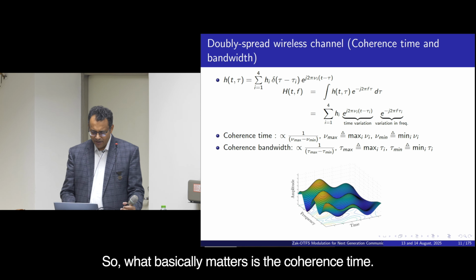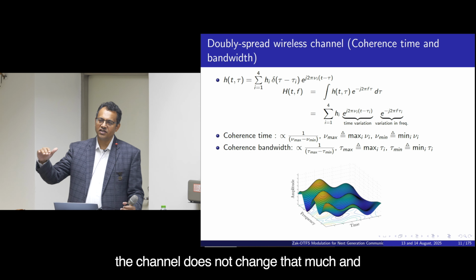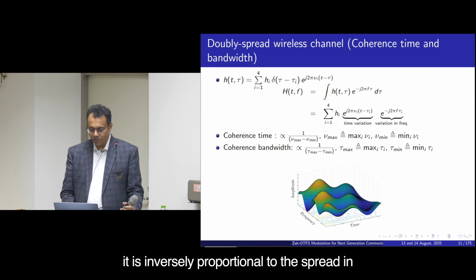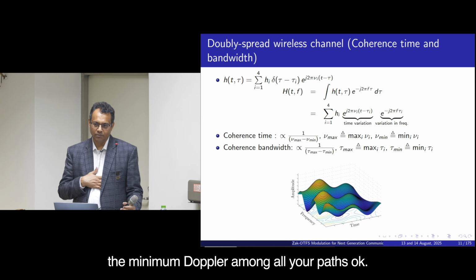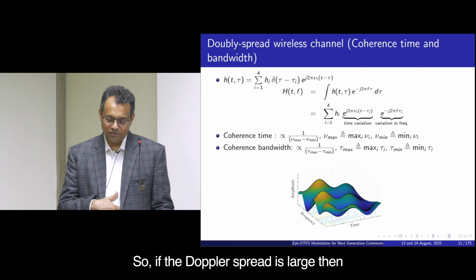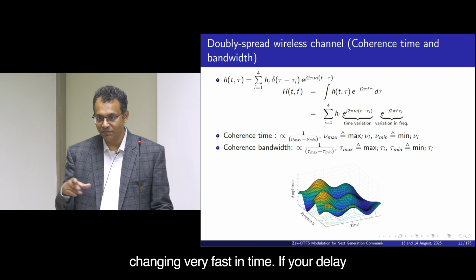What basically matters is the coherence time. Coherence time is approximately the time over which the channel does not change that much, and it is inversely proportional to the Doppler spread, which is basically the maximum minus the minimum Doppler among all your paths. So if the Doppler spread is large, then your channel will be changing very fast in time.